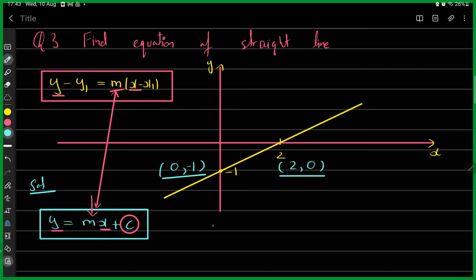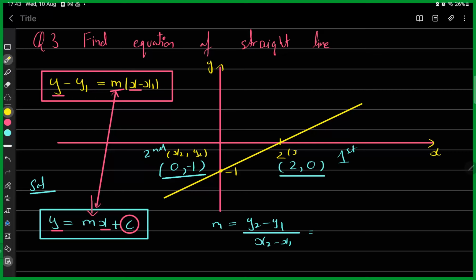m is basically y2 minus y1 divided by x2 minus x1. Again, you need to find out which point is first, second. You can think about any point as first or second. Let's do it the other way around. This is the second point. Let's say this is the first point. So this is going to be x2, y2.